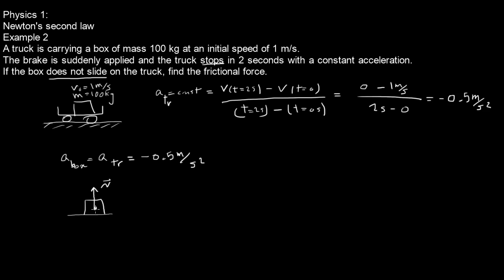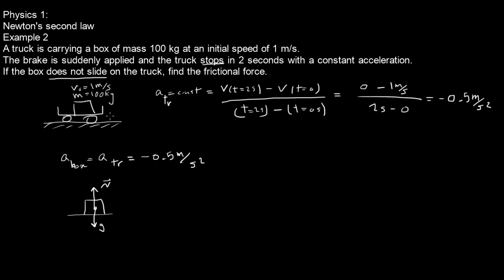Another force is gravity, g, and another force is friction. Friction is usually in the direction of motion or opposite to the motion. To guess the direction of the frictional force, take a look at this sign. It is negative. That means it's opposite to the direction of the motion.